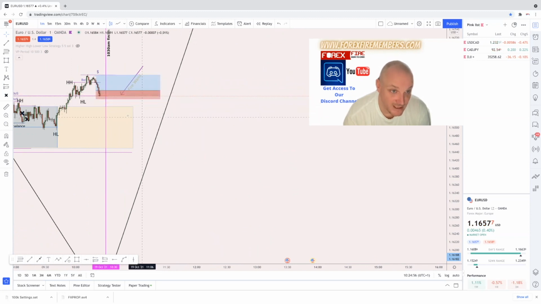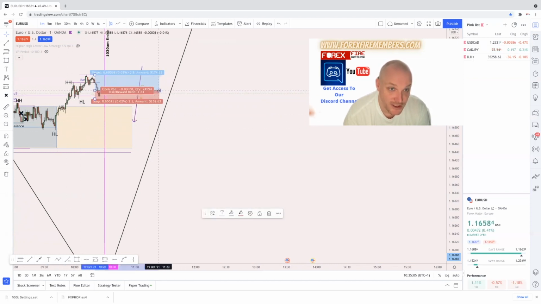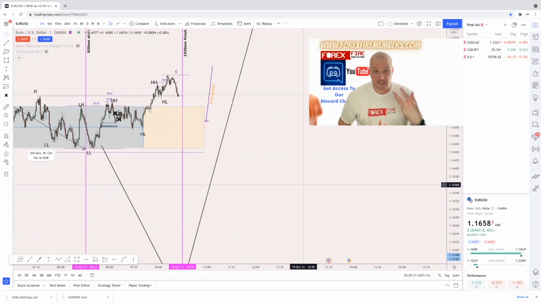I'm glad I haven't taken that trade, because if I'm honest, I do believe this is going to come down and start taking out these higher lows. So that has been a good decision to not take the trade. And this all comes with practice. It comes with understanding what's happened prior to coming into our session, and with practice of being able to stay self-disciplined and not have the fear of missing out.